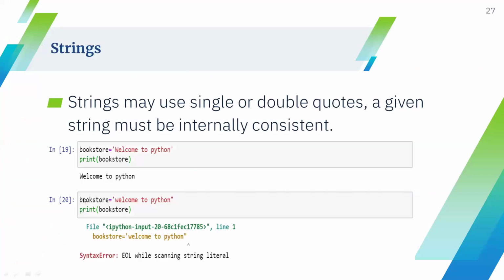But at the same time, when I start with a single quote but end with a double quote, it will throw an error. It won't accept. When I assign a string, it should go with either single quotes or double quotes. When I do it this way, it throws a syntax error: EOL while scanning string literal. EOL is called end of line. While scanning the string literal, it checks the end of line.